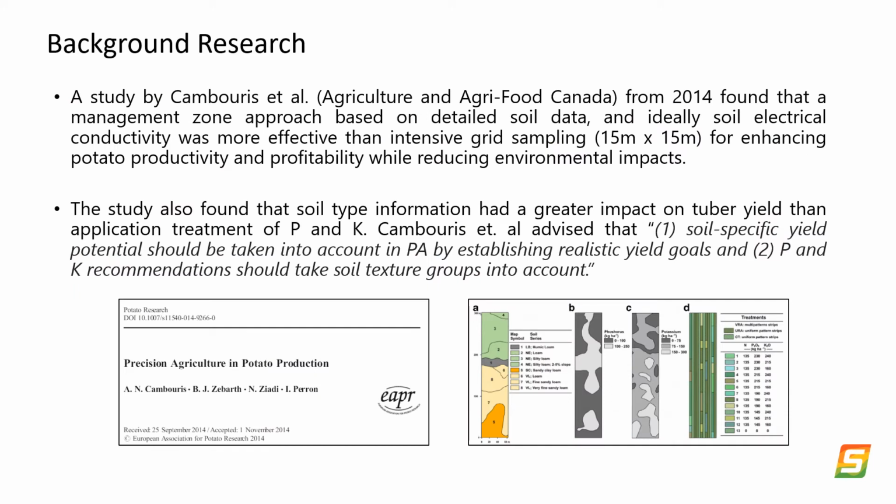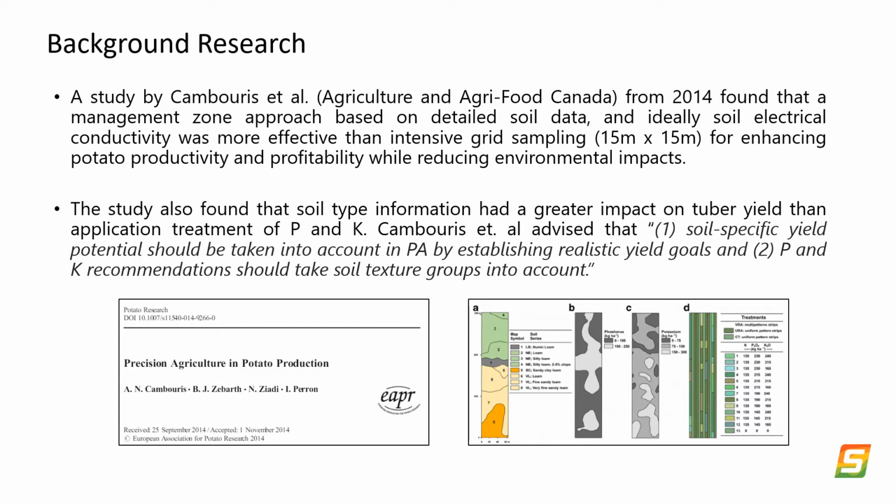I'll talk a little bit about some background research that's been done in precision agriculture and potato production. In 2014, Agriculture and Agri-Food Canada did a study that used soil-based management zones from electrical conductivity data and soil texture and soil series information, and compared that to an intense grid sampling strategy for doing variable rate application of phosphorus and potassium.